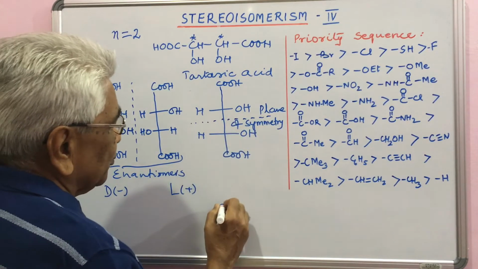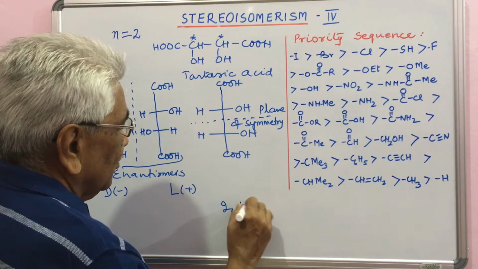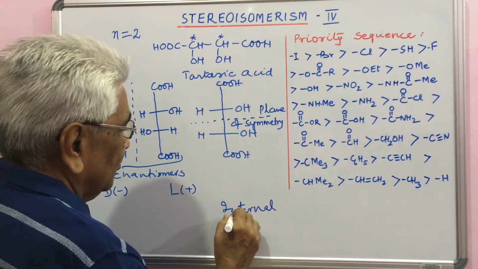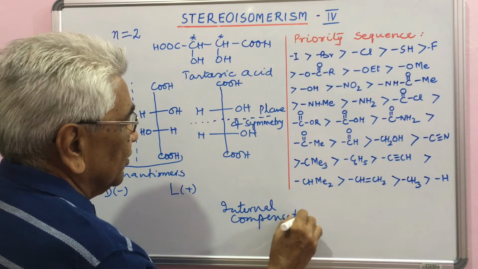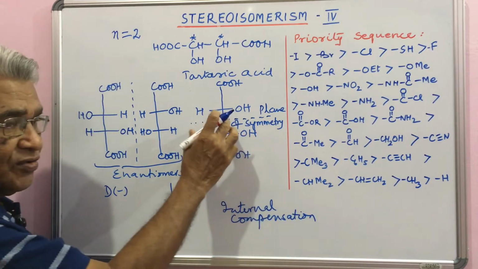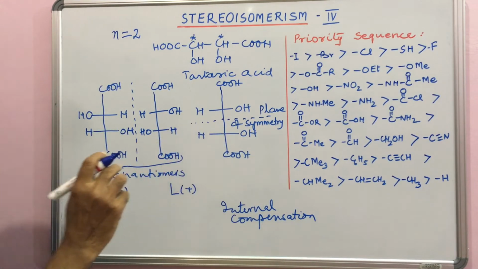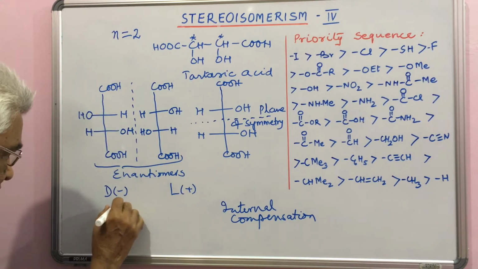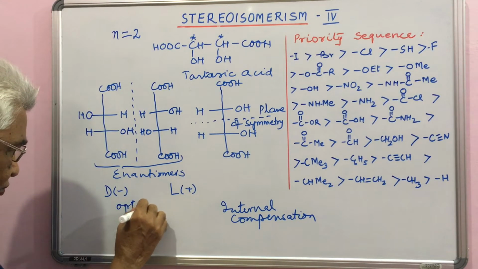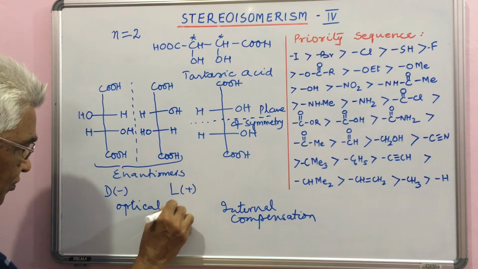By internal compensation, its asymmetry is lost. So these are optical isomers having positive and negative rotations.